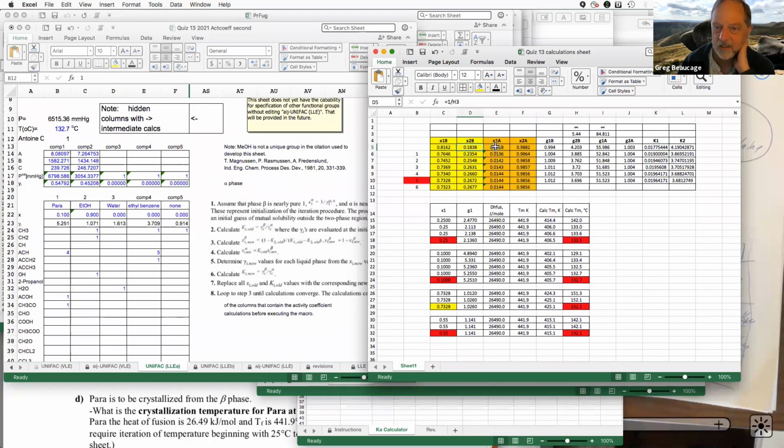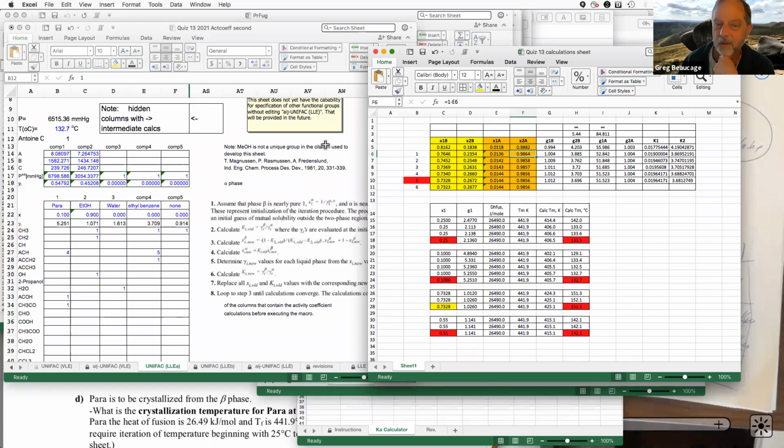K. Let's see here. X1 beta is (1 minus K2) over (K1 minus K2)... X1 beta is 1 minus K1 over K2 minus K1, and then X2 beta is 1 minus X1, and then X1 alpha is K1 times X1 beta, and then X2 alpha is 1 minus that, and you just do the same thing.